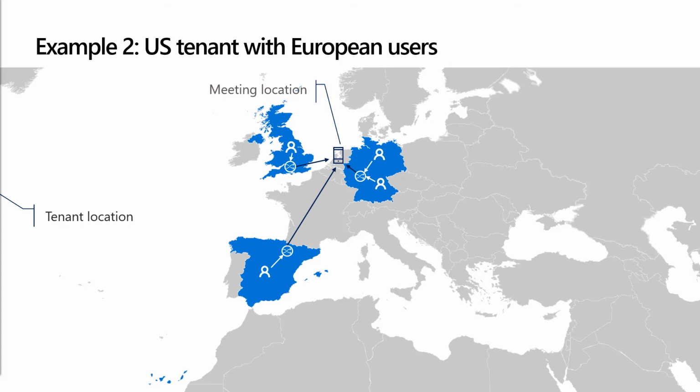In this case, the first person, let's say, was in Germany, and then we have attendees out of England and Spain. So the meeting in this case looks like it's hosted in Amsterdam. So even though it's a United States tenant, the meeting is hosted in Europe, which means the audio and video does not have to travel across the Atlantic Ocean. Rather, it stays within Europe.